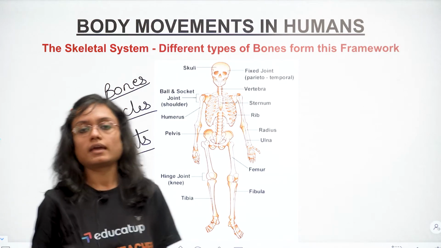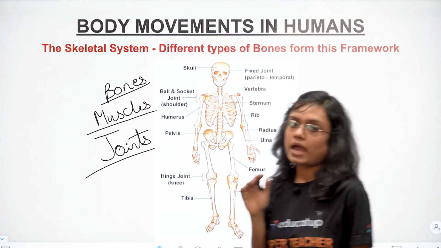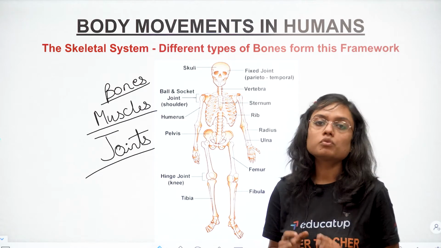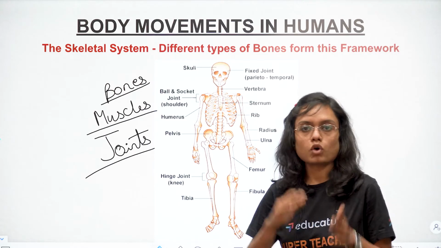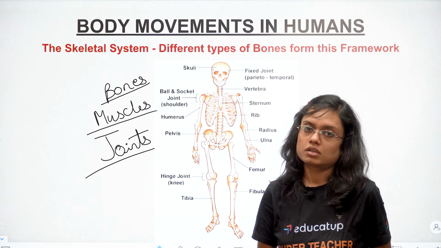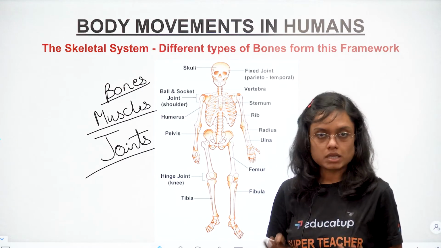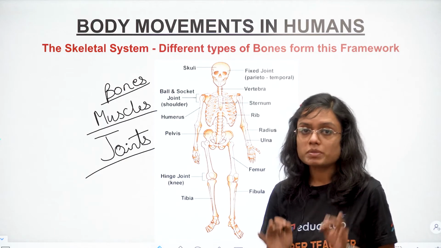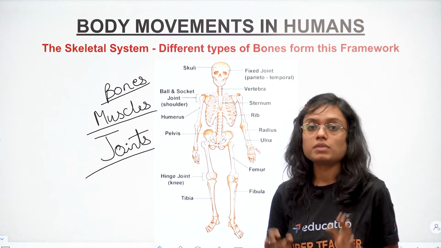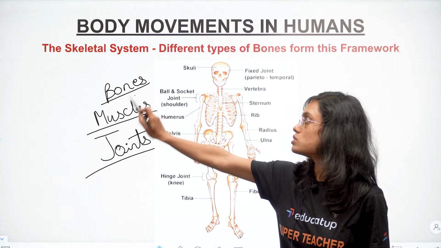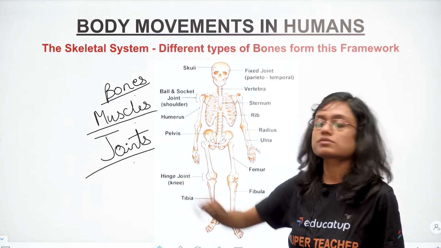If any movement has to happen in human body, हमारी humans की body में कोई भी movement अगर होना है, कोई भी, voluntary, involuntary, doesn't make a difference. Movement or locomotion doesn't make a difference. The coordination between three things is extremely essential and mandatory. Those three things are bones, muscles, and joints.